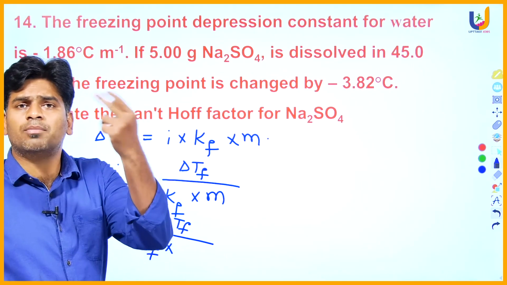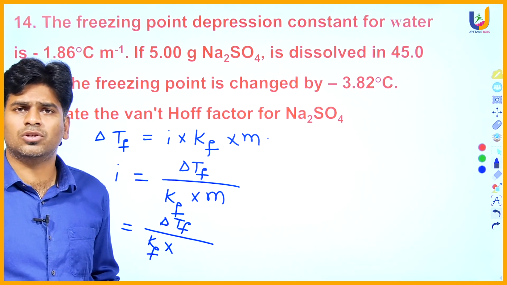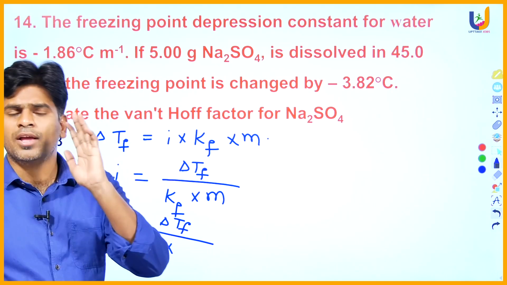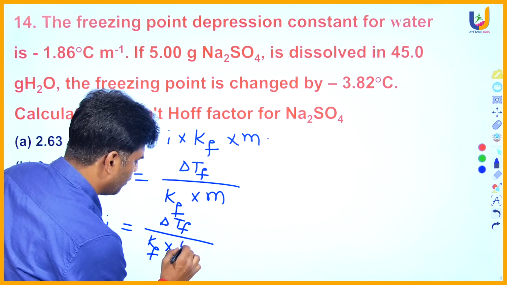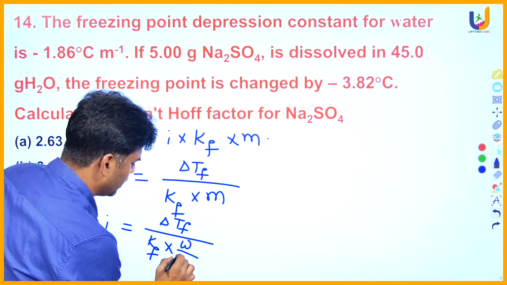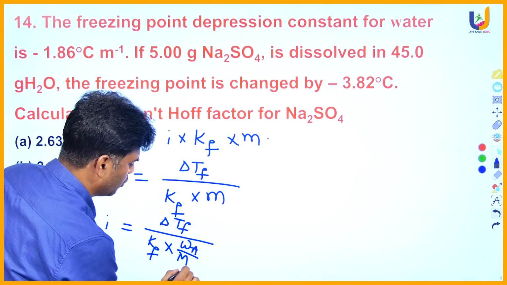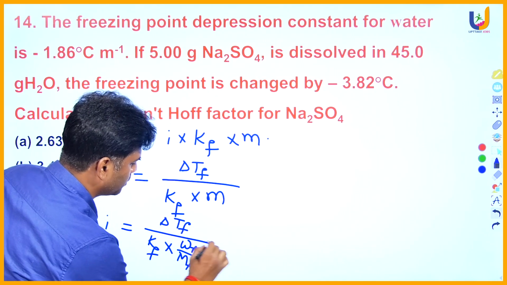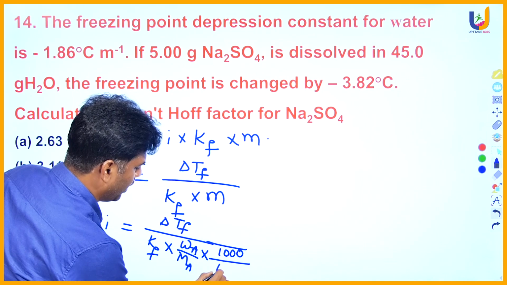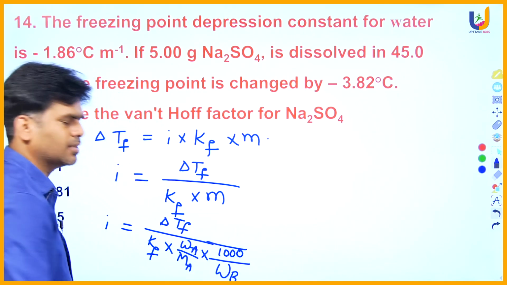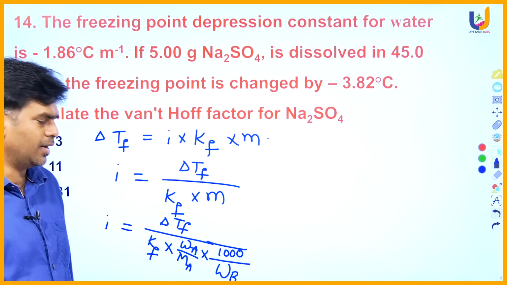Weight of solute by gram molecular weight of solute into 1000 by weight of solvent in kilograms. So weight of solute by gram molecular weight of solute, A and A, into 1000 by weight of solvent.